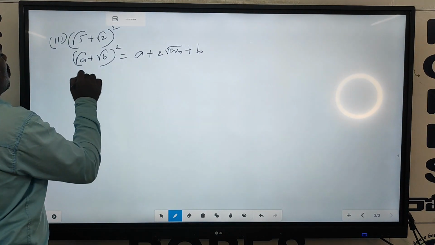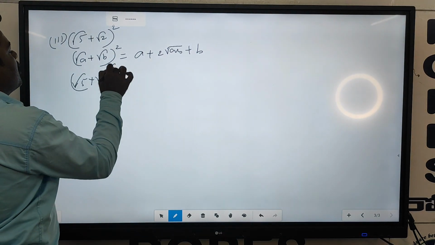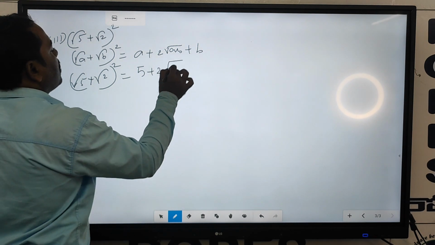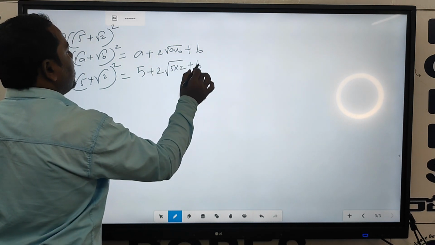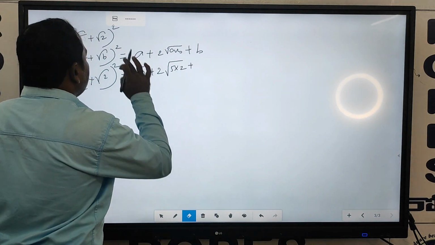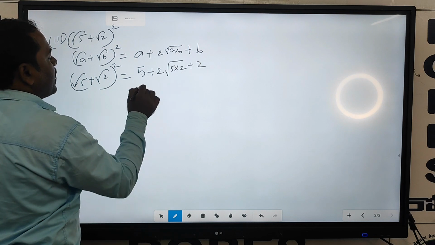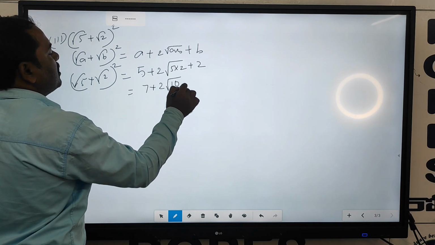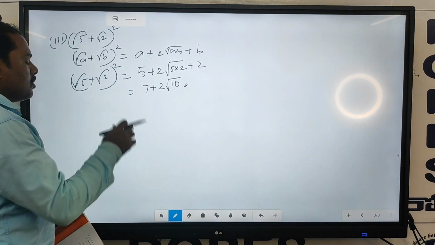In this way, (√5 + √2)² = 5 + 2√(5×2) + b, where in the place of b, 2 is there. Now 5 + 2 is 7, plus 2√10, since 5 times 2 is 10. This is the product of (√5 + √2)².